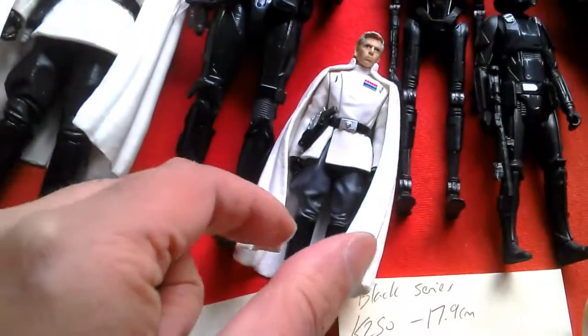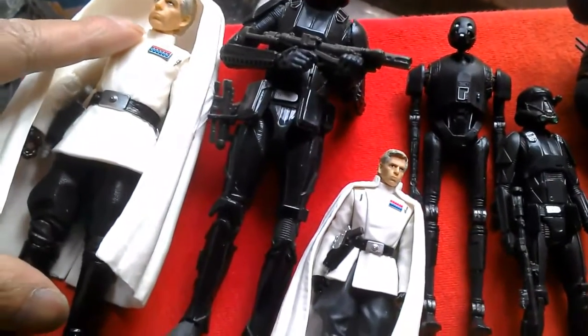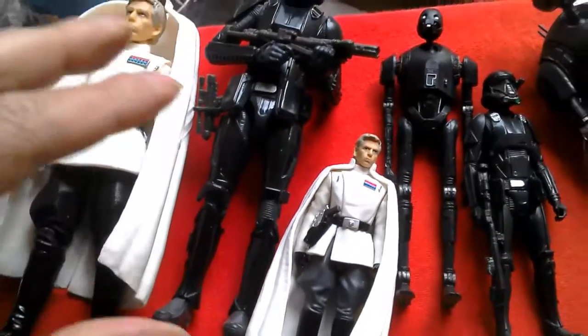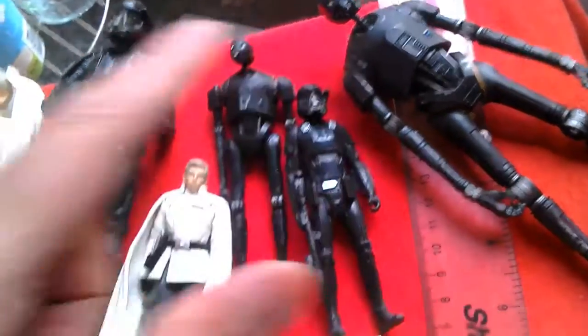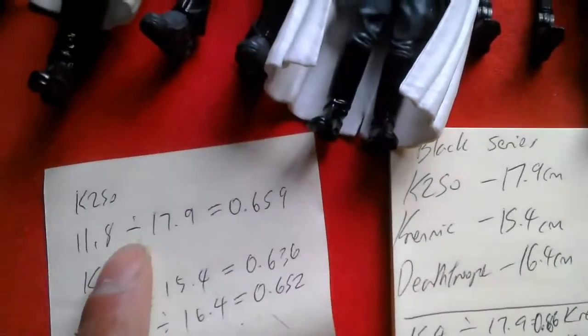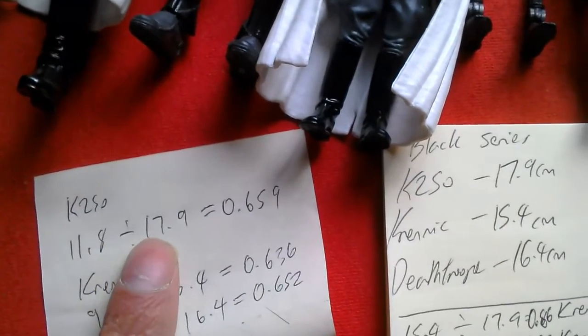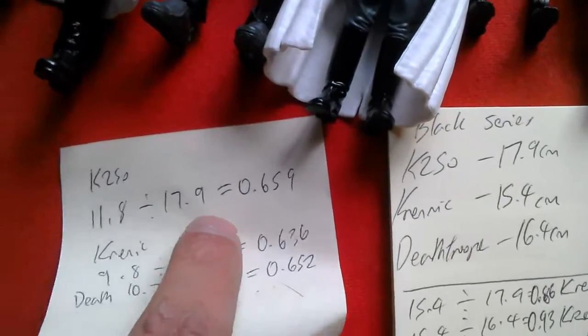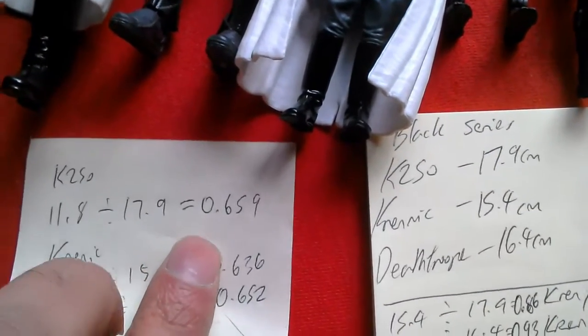Okay, so we've got the results now. What I've done is divide the height of each 3.75 figure by the height of the 6-inch Black Series Krennic, Deathtrooper and K-2SO, and these are the results. K-2SO is 11.8 divided by 17.9 centimeters in the Black Series, which gives you 0.659.